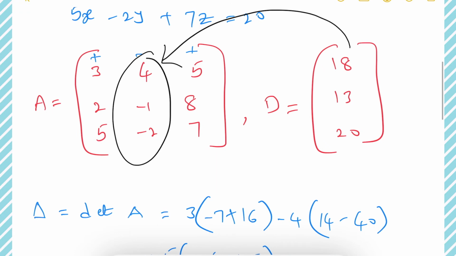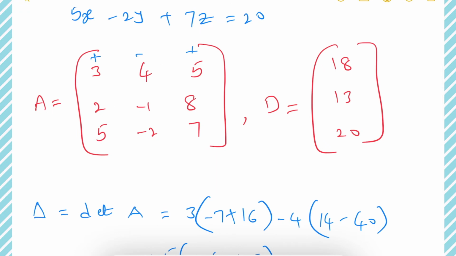In the first case we removed column 1, in the second case we removed column 2. Now we need to replace the third column with the D matrix.